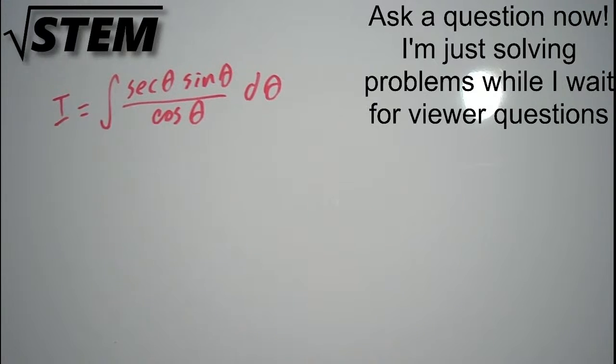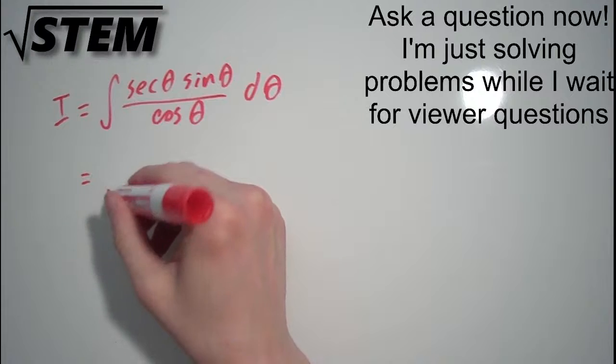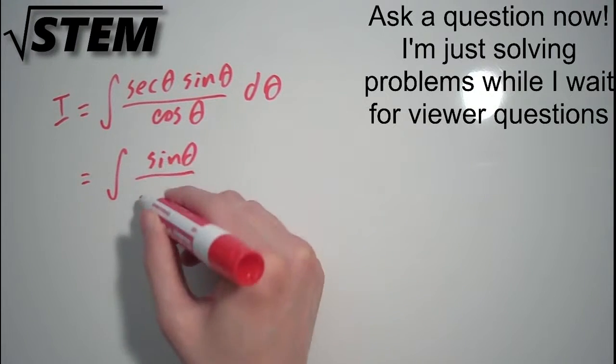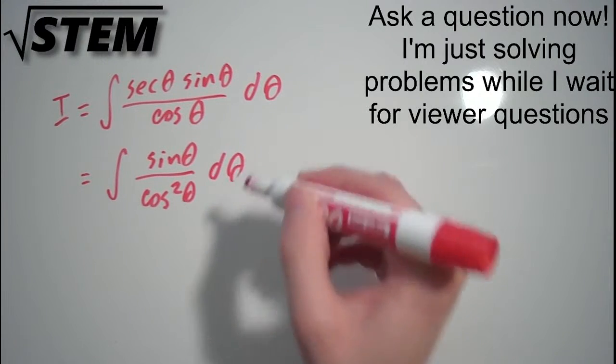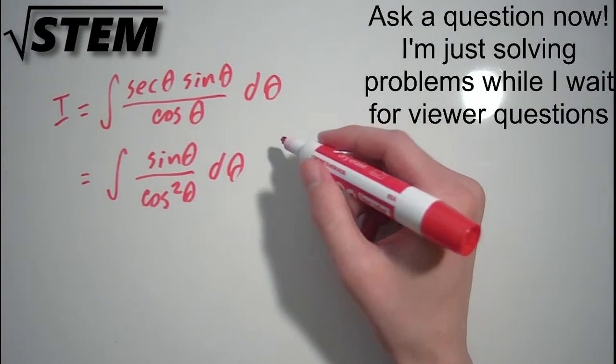Okay, so secant is 1 over cosine. So we could also call this sine theta over cosine squared. And now, I think we can let u equal cosine.